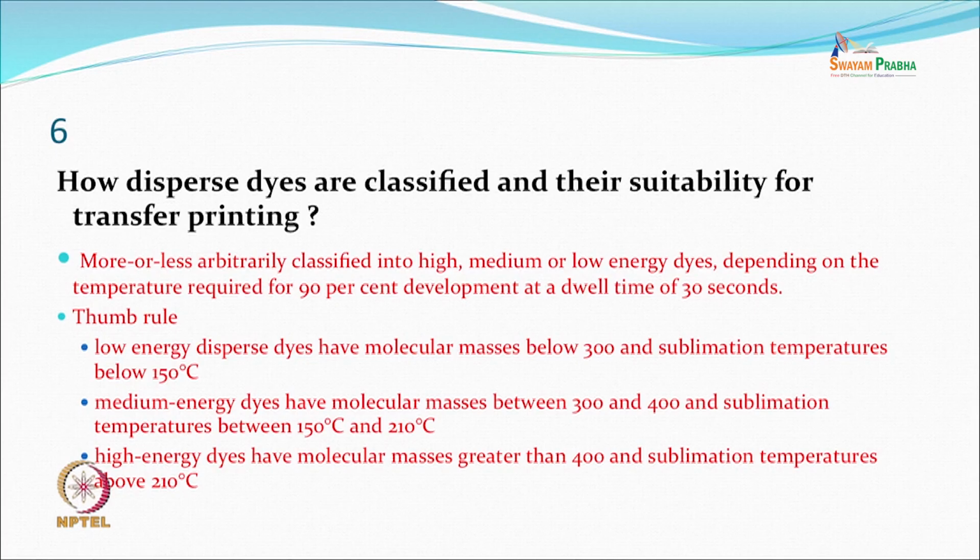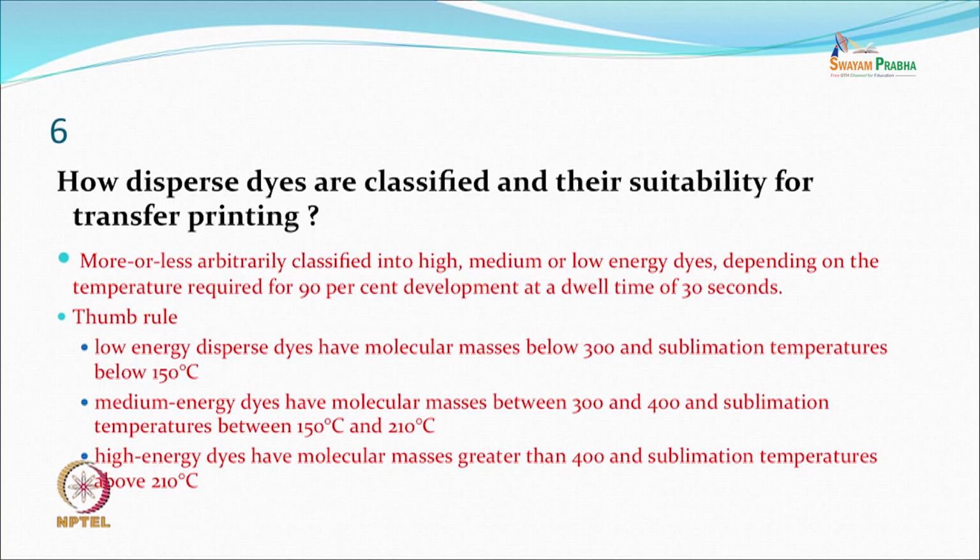So, those are the things. Medium energy dyes have been classified roughly with molecular masses between 300 to 400 and sublimation between 150 to 200. You can say this is a very large range. So, this is not something where you say, well, this is it and not that.